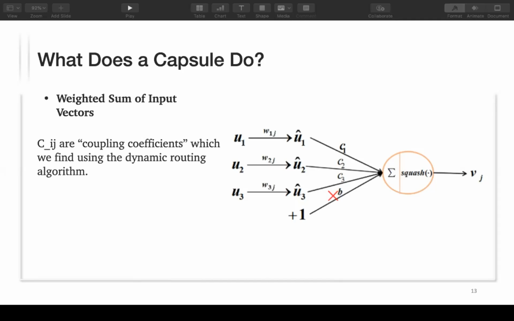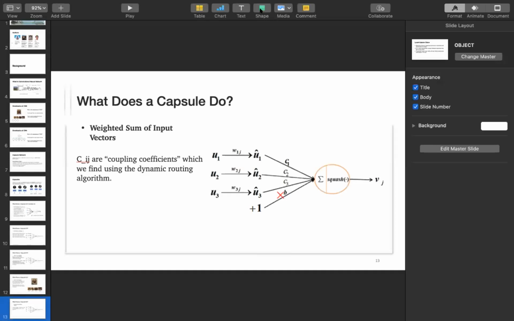Okay, let me draw some graph. Suppose the first capsule is the eye, and this one is the leg.